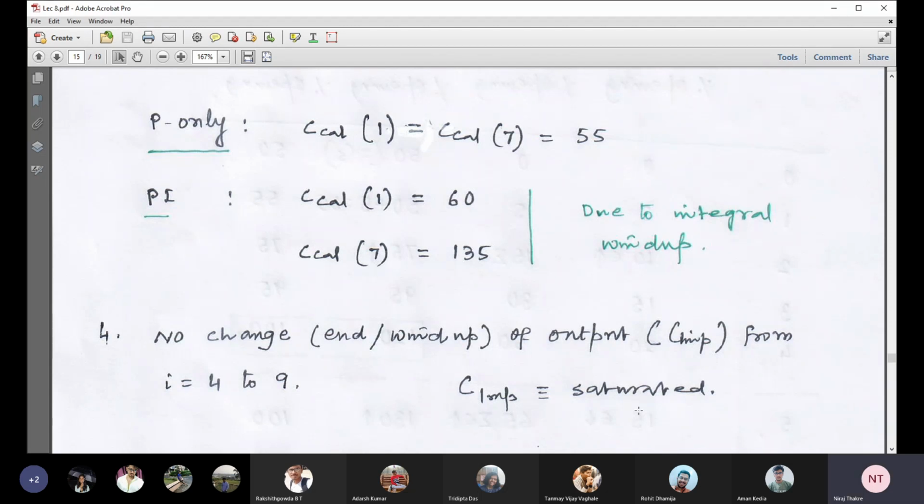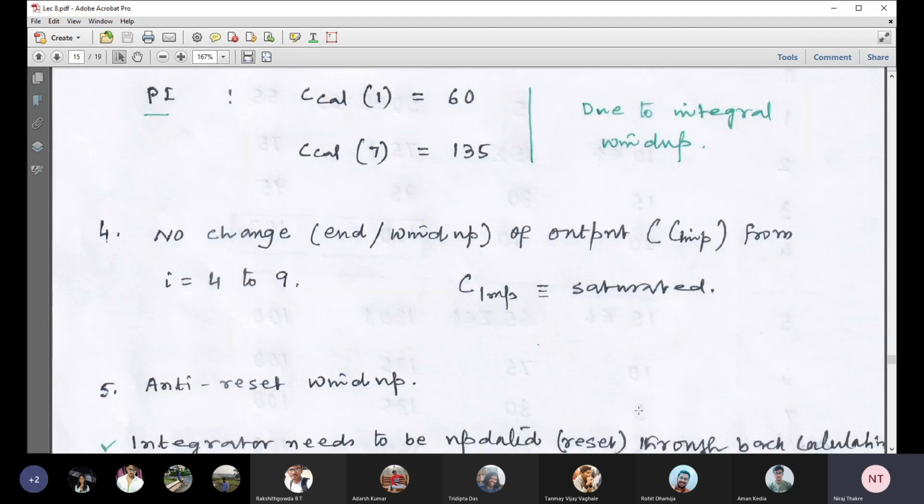Now, I also mentioned that to tackle this, particularly the effect of integral windup, we need anti-reset windup. I indicated in the last class that to reduce the effect of integral windup or reset windup, we need to devise an anti-reset windup.